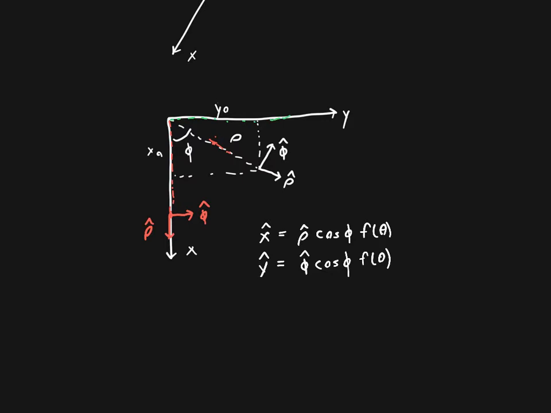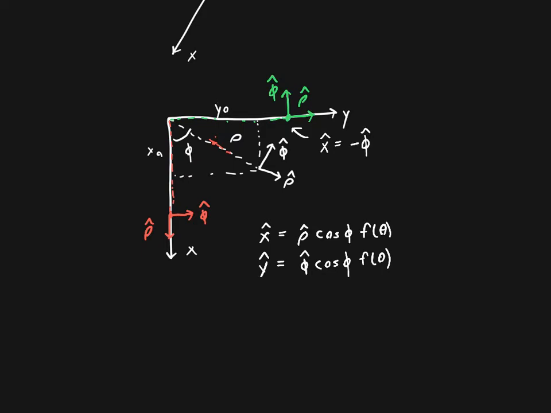But what if we turn our line the other direction? So let's turn it up here. So this is our new point. Then our rho hat vector is pointing out this direction, and our phi hat vector is pointing out this direction. Well, that's also interesting. So that tells us that at this point, our x hat vector is just equal to the negative phi hat vector. So at this point, x hat equals minus phi hat.